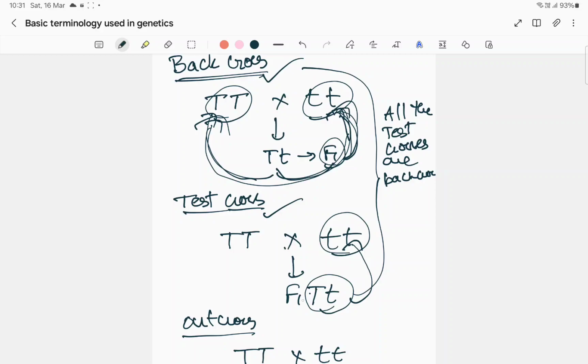But in test cross we have to cross this with the recessive one only. So we can say test cross is one type of back cross, but back cross is not test cross. This is the point you have to remember here.